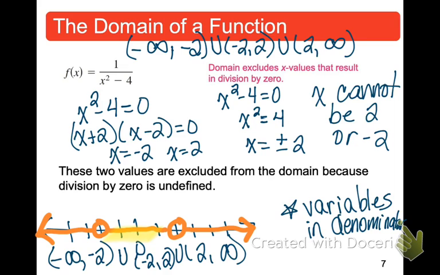So one of the things that you look for when you are defining the domain of a function is you ask yourself, is there a variable in the denominator? And if there is a variable in the denominator, you have to limit the domain. And that's what I've done here is I've limited the domain. Okay? Can we go to the next one?